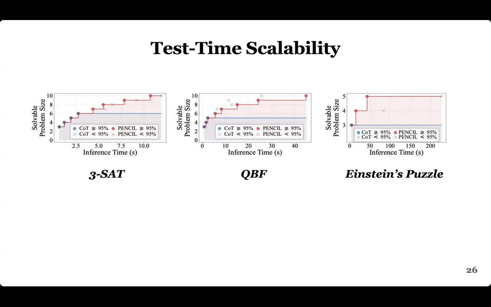Even given more inference time, the size of the problem it can solve has a limit. Even with infinitely much inference time, on QBF it can only solve n equals 5, but Pencil can solve significantly more challenging tasks using the same amount of space, using the synthesized model.